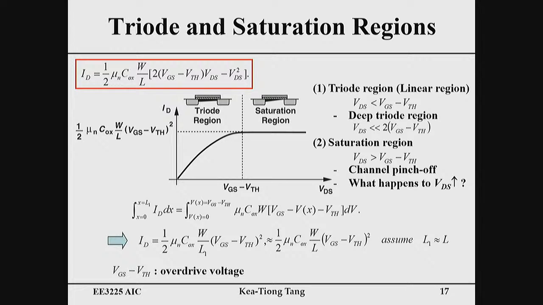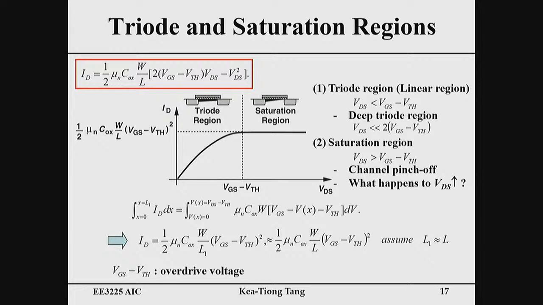Remember, when we increase the voltage of VGS from 0, there's no current until you reach a threshold voltage, and then you see this. This is the dependence of VGS and ID. This will be the off region, and this will be the on region. If your VGS is smaller than threshold voltage, the transistor is off.